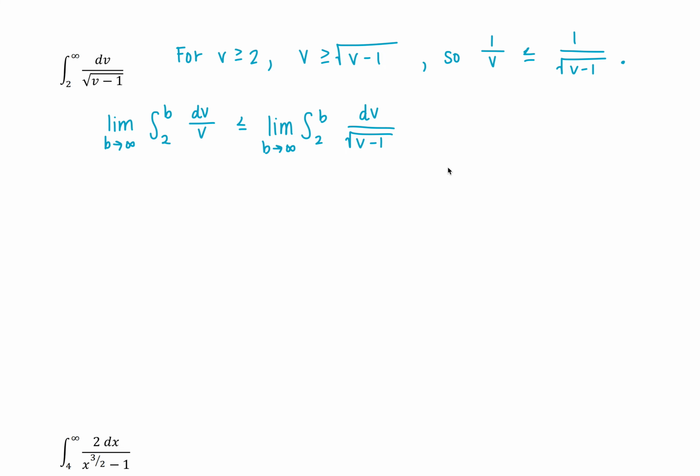Now, you remember back to the very first example I did, when you've got 1 over your variable, in this case v, it converges when the exponent on the variable is greater than 1, but it diverges when that exponent is 1 or less. Well, here I've got 1 over v to the first, so this on the left here is going to diverge.